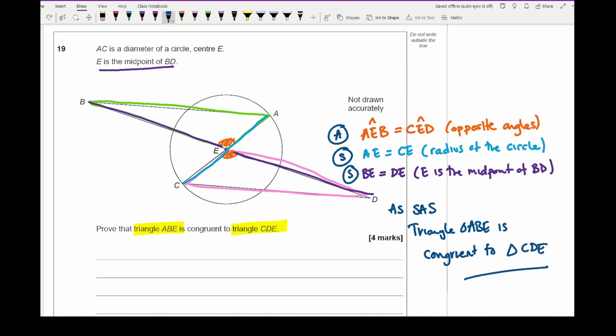And there we go. And again, for the 4 marks, this will be worth 1 mark, this will be worth 1 mark, this will be worth 1 mark, and then writing this statement would also be a mark. So it's really important that you don't just say SAS, you always also write this bit of information here just to emphasize what that actually means.